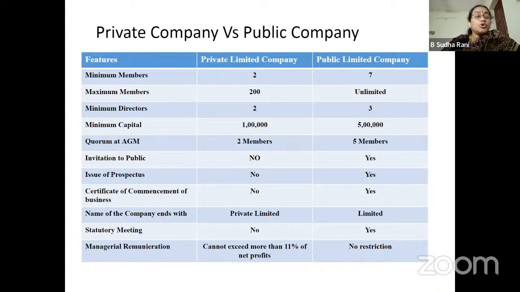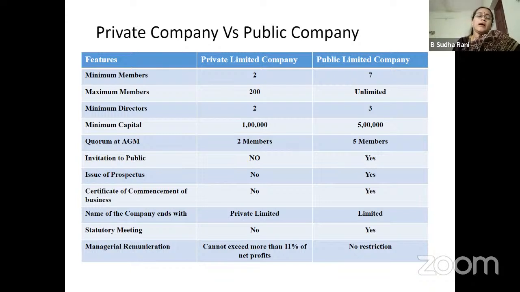They're supposed to wait. Okay. Private companies, immediately after the incorporation certificate, can start their business. They need not wait. They can continue their business. For them, no commencement of business certificate.